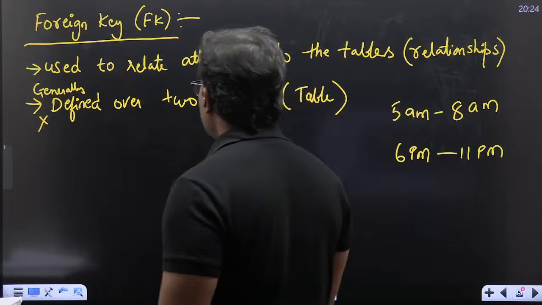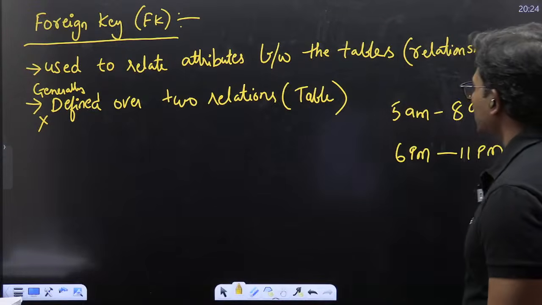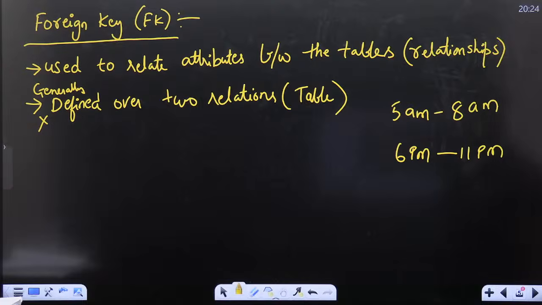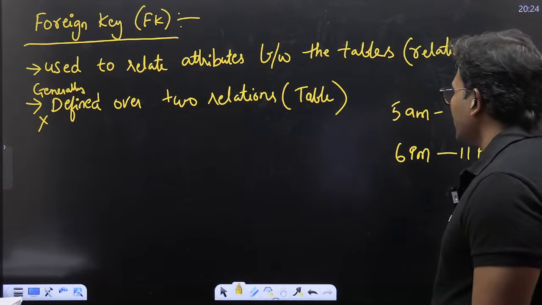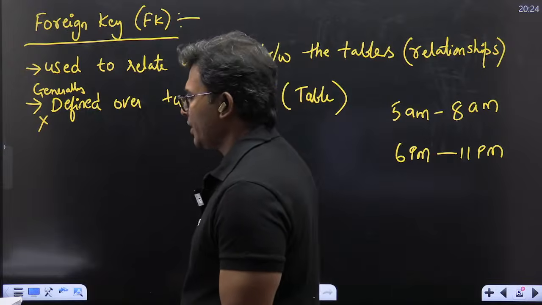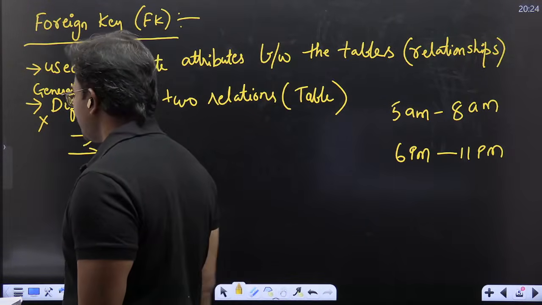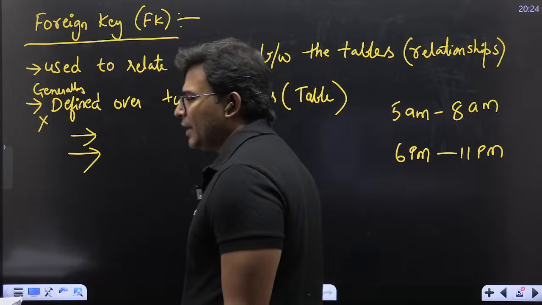Generally it is defined over two tables, but there can be one table also. Now these two tables have a name. Whenever two tables are related by a foreign key, they get a name.